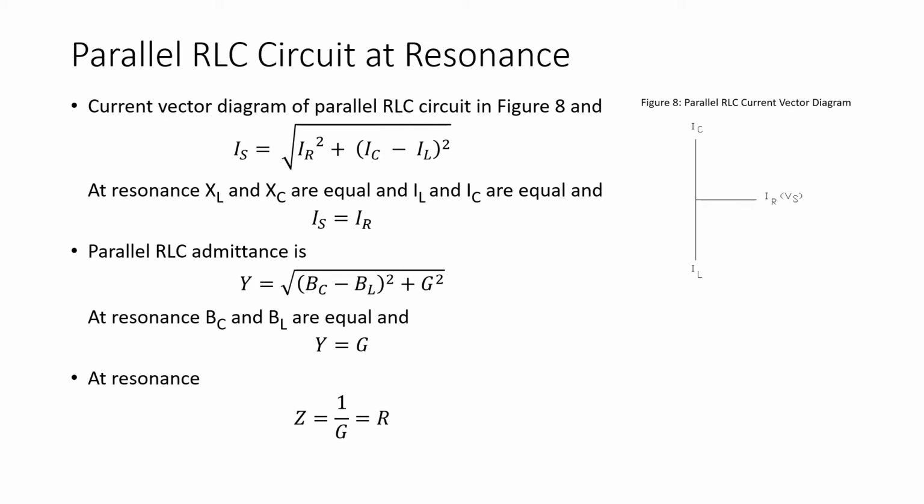And of course, at resonance, if X sub L and X sub C are equal, then B sub C and B sub L are equal, leaving us with Y equals the square root of G squared, or Y equals G. And at resonance, if Y equals G, then impedance equals R.